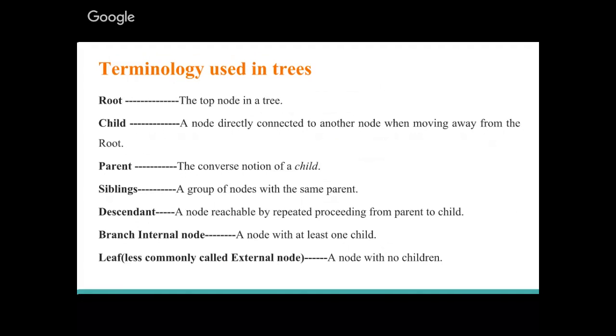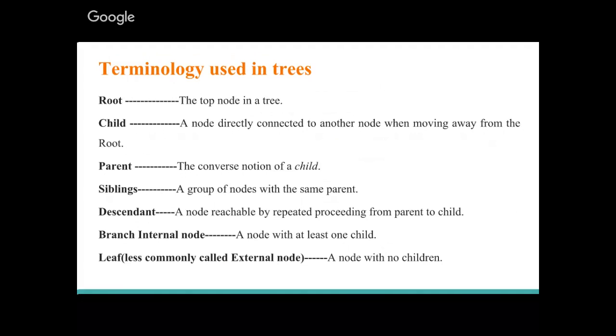Descendants: a node reachable by repeated proceeding from parent to child is known as descendant. So if your grandfather, then your father, then you, so you are the descendant. Now branch or internal node: a node with at least one child is known as a branch or internal node. Leaf node, also known as external node, is a node with no children.